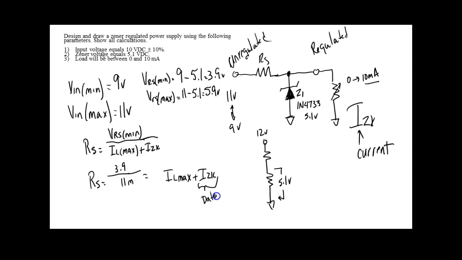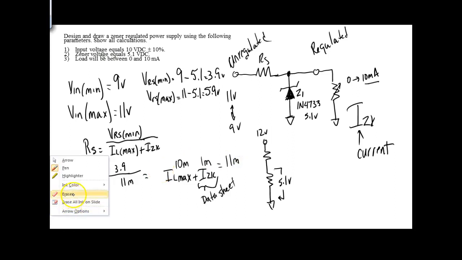So this is going to come from the data sheet. When I looked over here, this said 10 milli. When I looked up the data sheet for IZK for the 4733, it's 1 milli. So 10 milli plus 1 milli is 11 milli. And that's where the 11 milli came from.